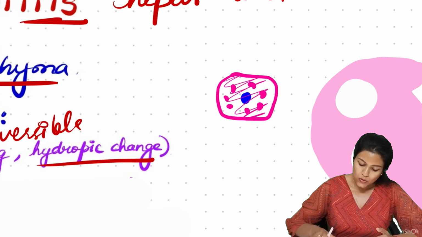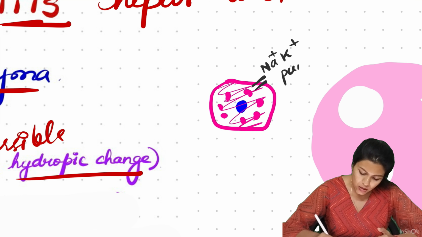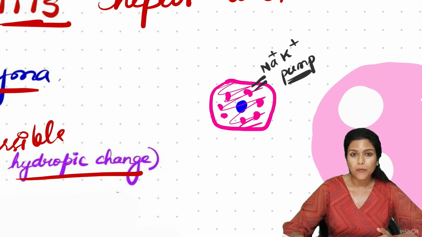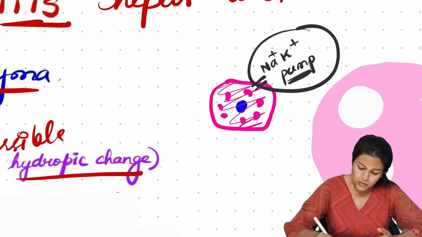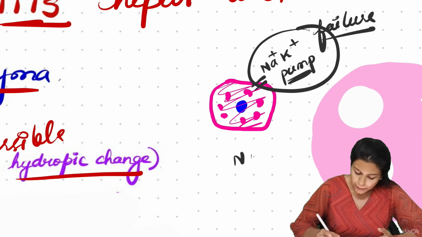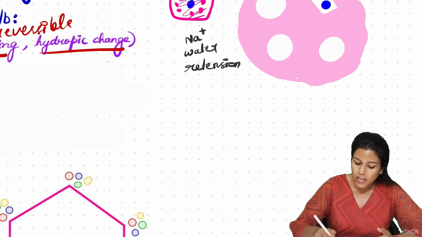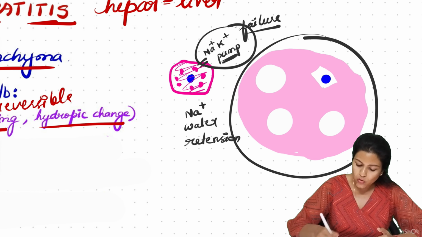The normal hepatocyte has a sodium and potassium pump on the cell membrane. When this membrane gets damaged, pump failure occurs. Because of pump failure, sodium along with water retention occurs, because of which the hepatocyte appears swollen.